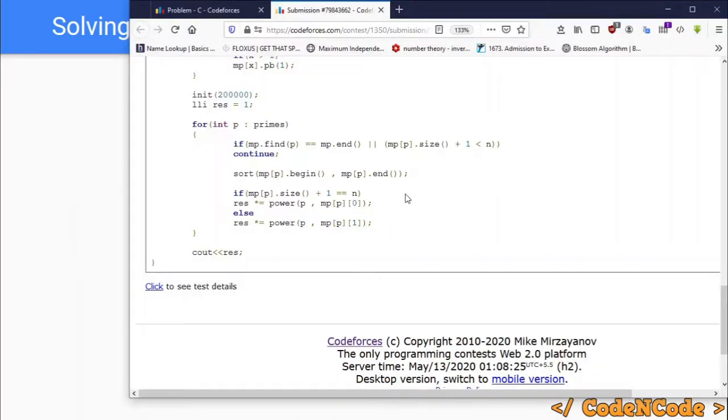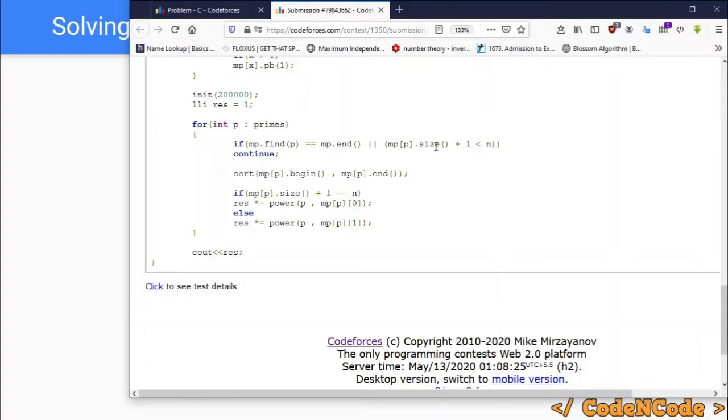If the prime is not present in the input, it cannot be present in the answer. So mp.find p means we are checking whether prime p exists in the map as a key. If it returns mp.end, which means prime p doesn't exist, that means prime p cannot be present in the answer. So we are continuing for the next iteration.